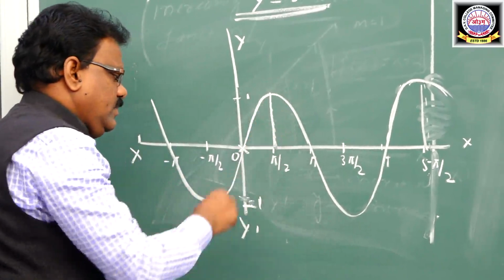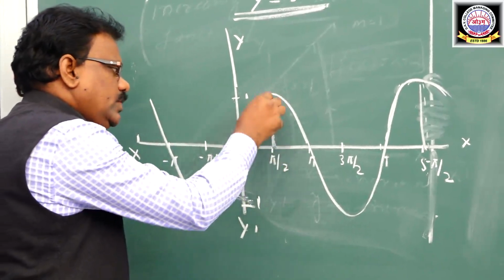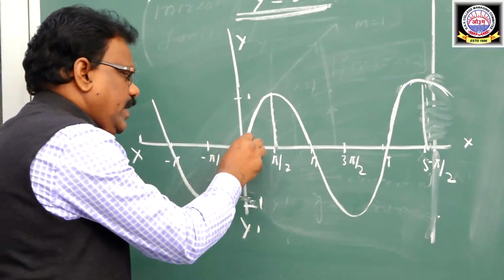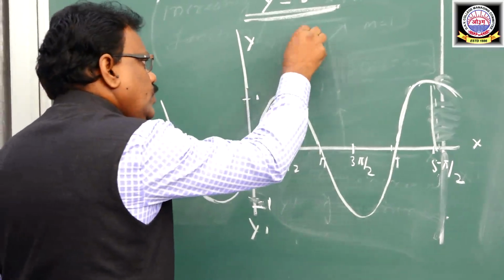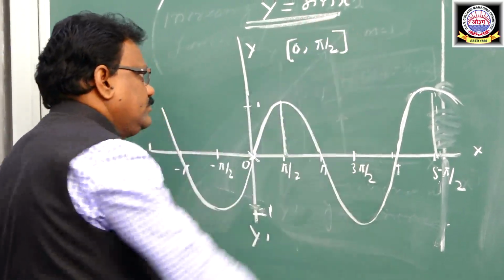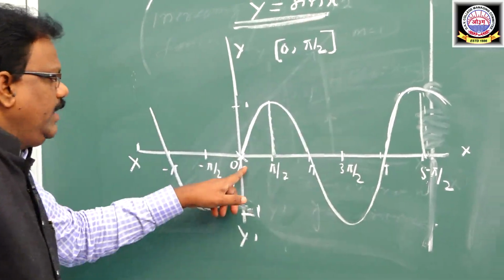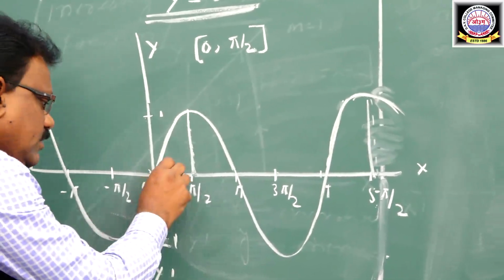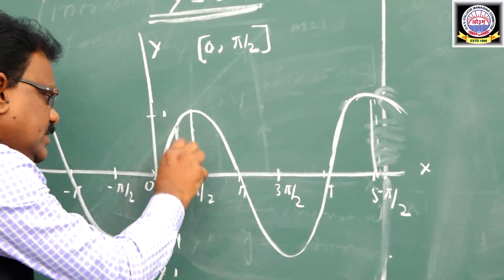So, see, from 0 to pi by 2, you analyze the graph. 0 to pi by 2 is the interval, I am including both ends. From 0 to pi by 2, the value of x increases, means the value of y also increases.